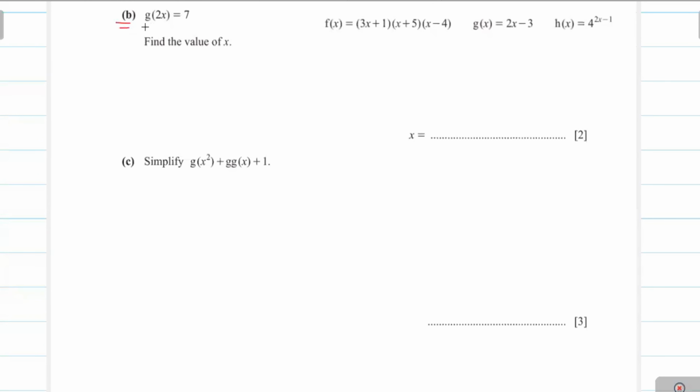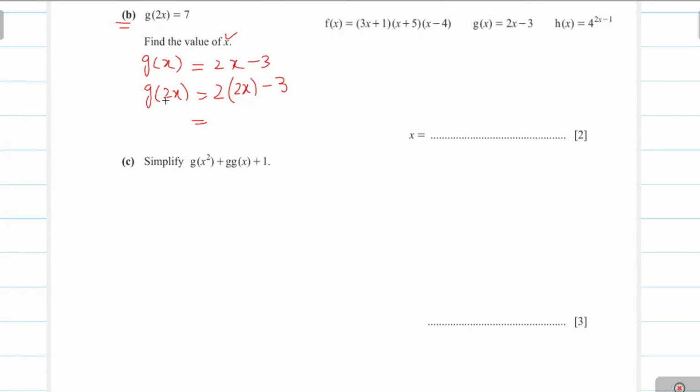Part B, g of 2x equal to 7. Find the value of x. You see here g of x equal to 2 into x minus 3. Now we replace x by 2x. We can write g of 2x, and here 2 is as it is, 2 into 2x minus 3.